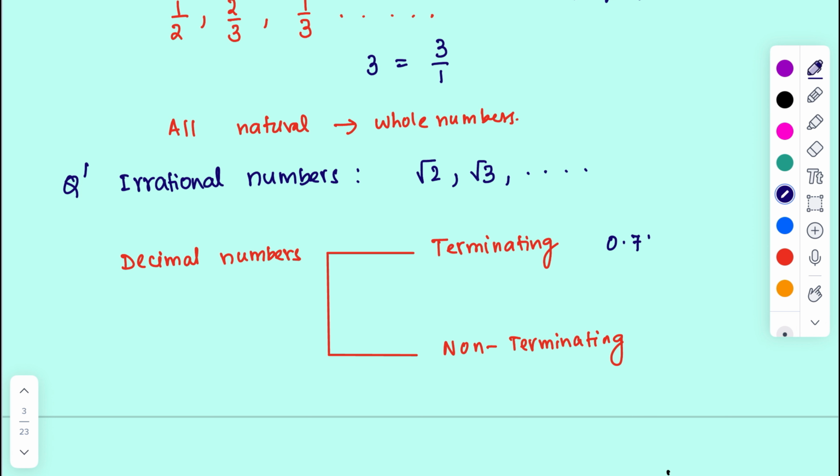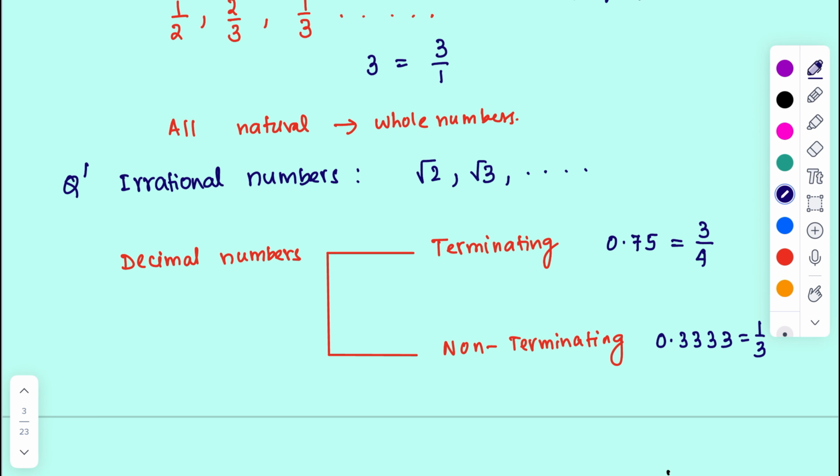For example, 0.375 is a terminating decimal number, and 0.333 is a non-terminating decimal number. Actually, 0.375 is equal to 3 by 8, and the non-terminating decimal 0.333 is equal to 1 by 3.